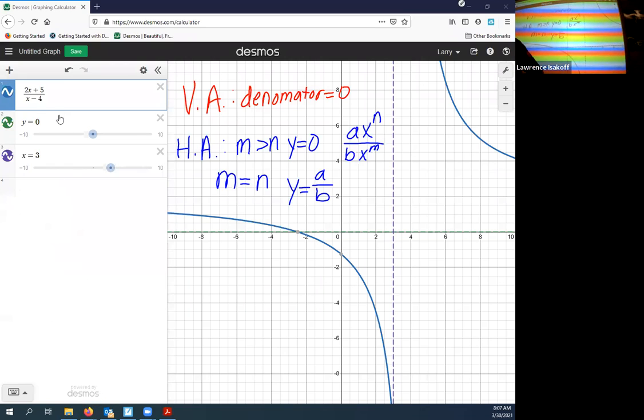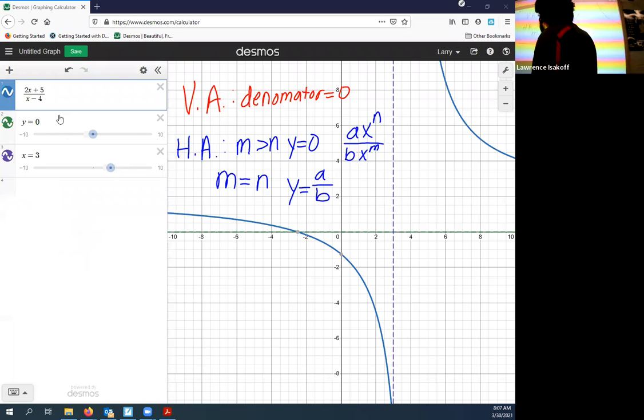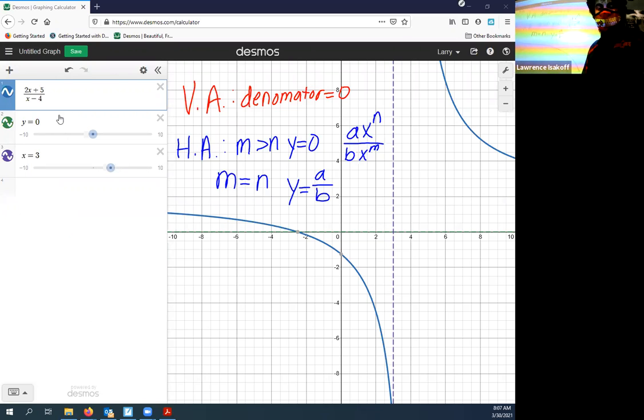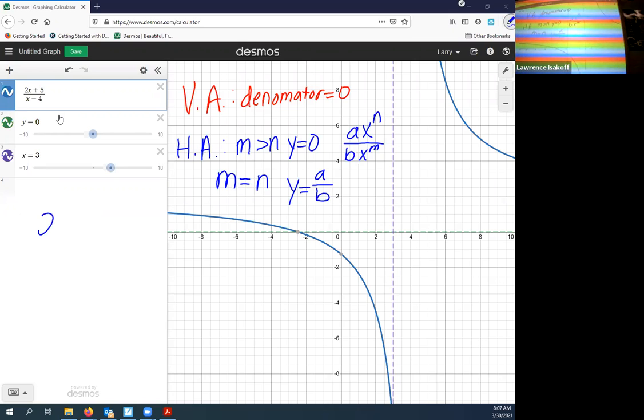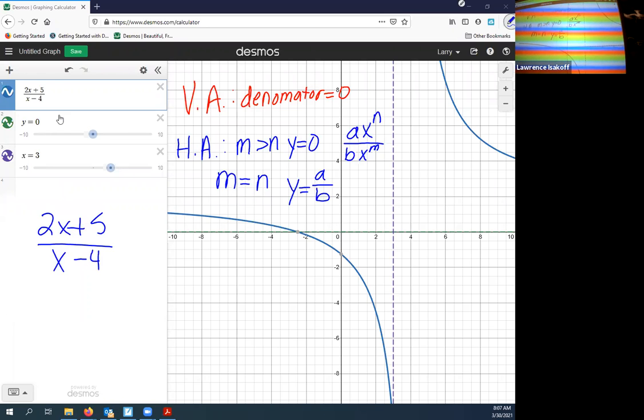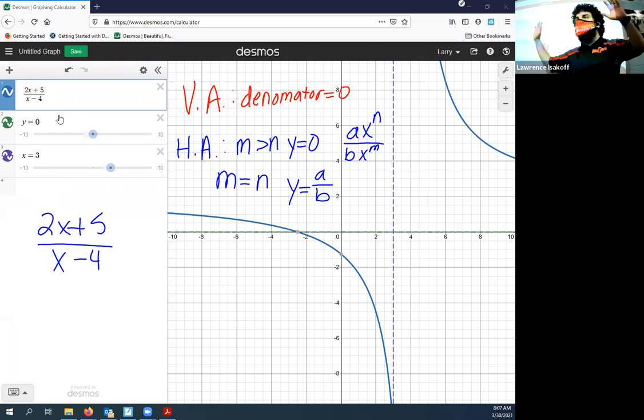So, for my horizontal asymptote, this is 2x plus 5 over x minus 4. Now, if I start putting huge numbers in here, if I had 10 million plus 4 or 10 million minus 5, would that make much of a difference to a really huge number, just adding 4, subtracting 5?